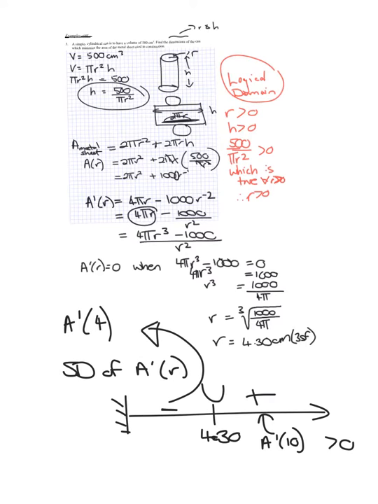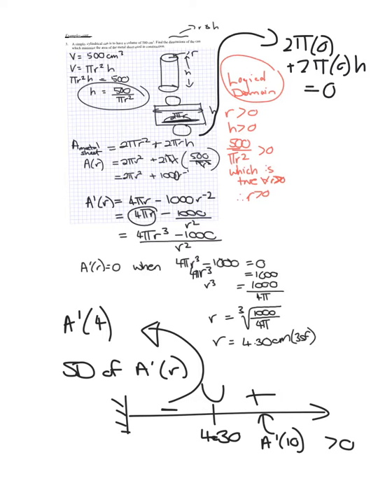So that tells you that yes, truly it is a local minimum. Now, when r equals 0, you would get that the area is equal to 0. Because remember, when r is equal to 0, this would be 2 pi by 0 plus 2 pi by 0 times h. So that would equal 0.